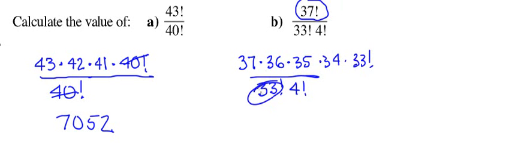That helps because these 33 factorials cancel. And our result now is, again, I go to the calculator, 37 times 36 times 35 times 34 divided by 4 factorial, which is 24. Overall, 66,045.